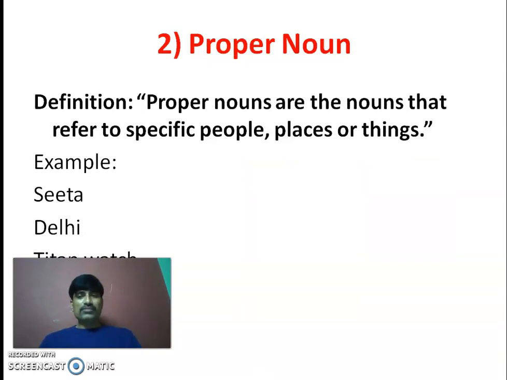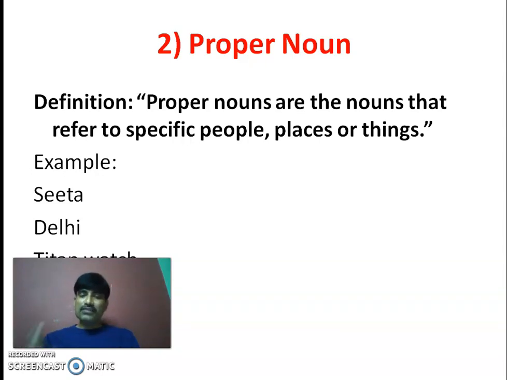The next point is proper noun. Proper means very specific noun. As soon as I utter this particular noun, you understand that particular one. It may be a person, it may be a place, it may be a thing, it may be an idea, but you understand that particular specific person.